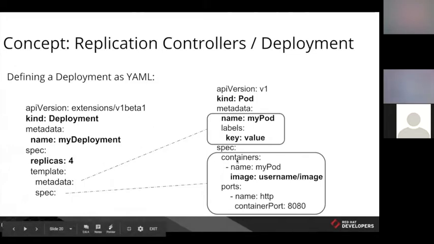So again, it's a list of containers: name, image, ports, environment variables, volumes, everything that you want to specify for that specific pod, I mean. Okay? So the specification of the replica is a specification of the deployment, okay?